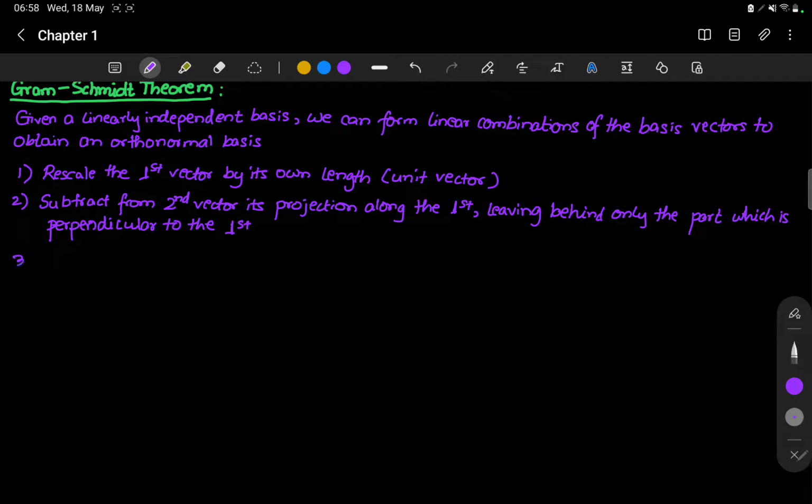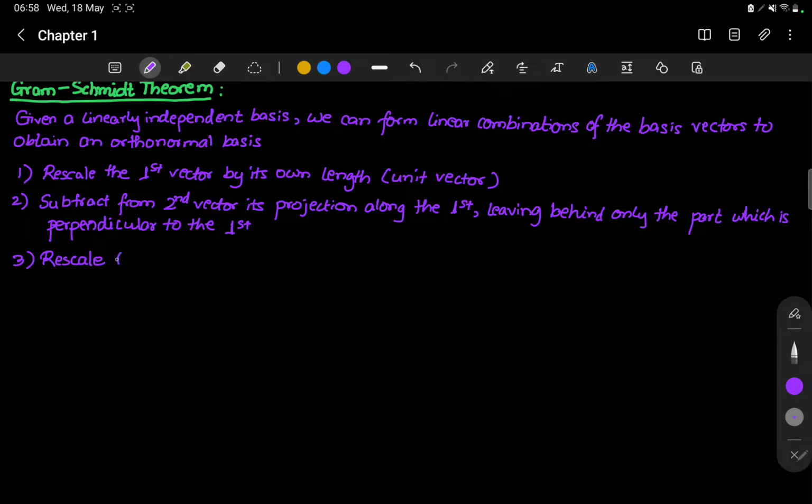Now what do we do? The third step: rescale. Again we need to rescale, because remember we want an orthonormal basis, that means unit magnitude.